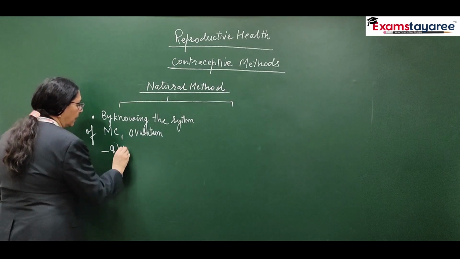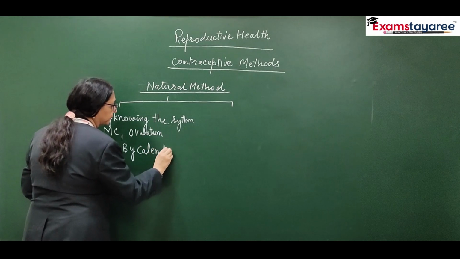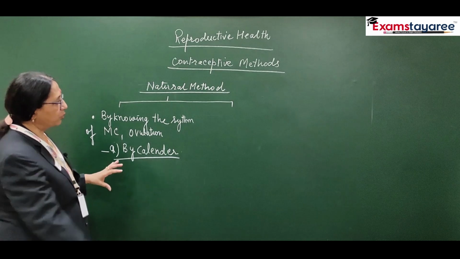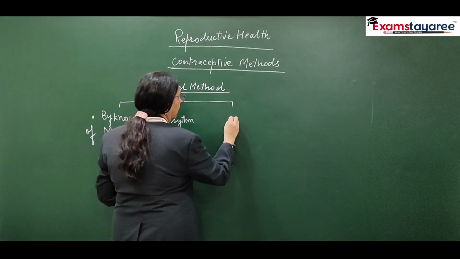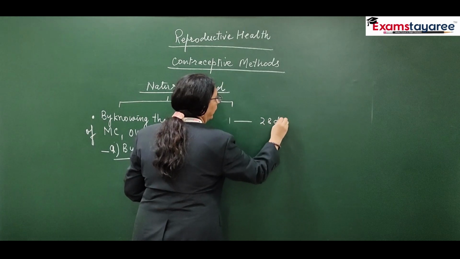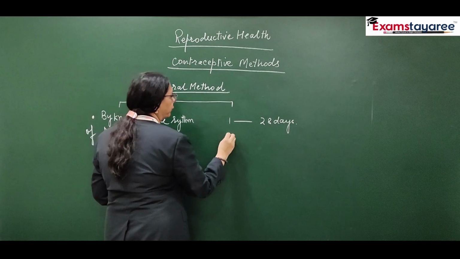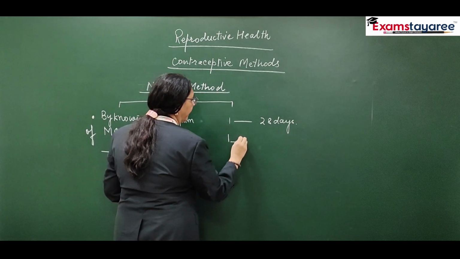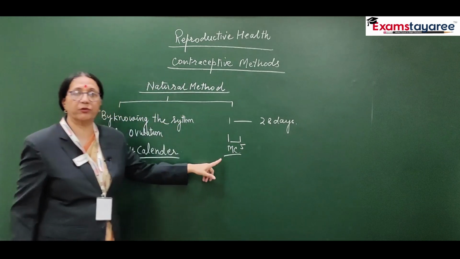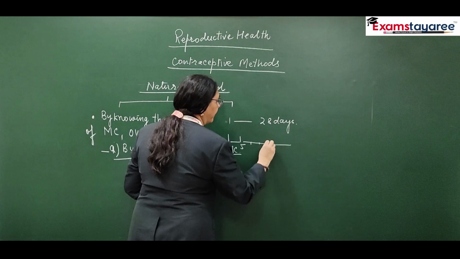One is by calendar. So suppose that one female has a cycle of 28 days. Starting from the first day to 5 days, she is menstruating, and likewise 6, 7, 8.